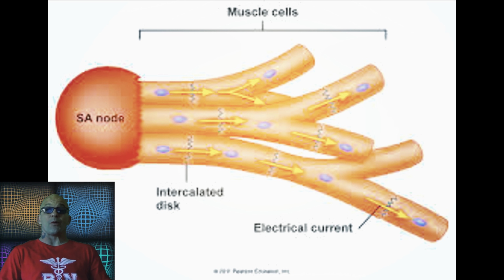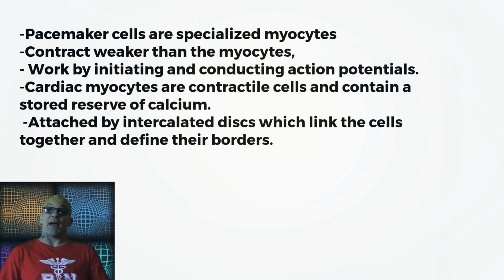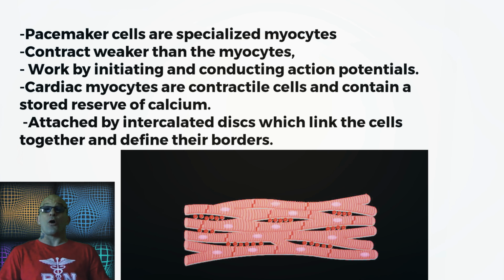These cells we will be discussing are the pacemaker cells and the cardiac myocytes. Pacemaker cells are specialized myocytes. They possess basic filaments and contract weaker than the myocytes. They work by initiating and conducting action potentials. The cardiac myocytes are contractile cells and contain a stored reserve of calcium.